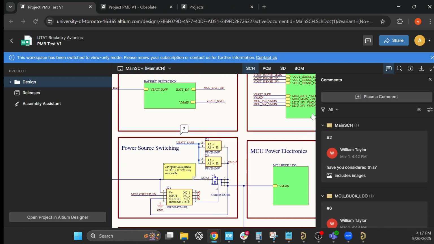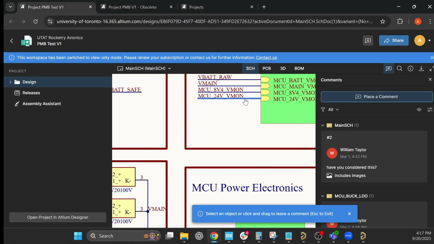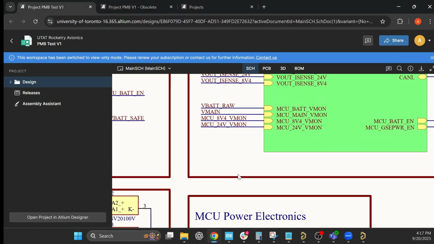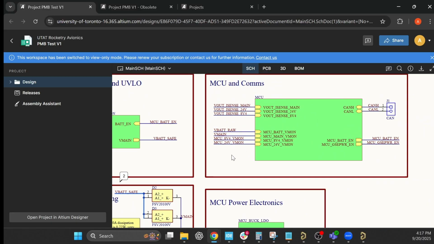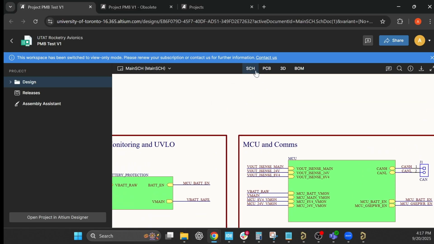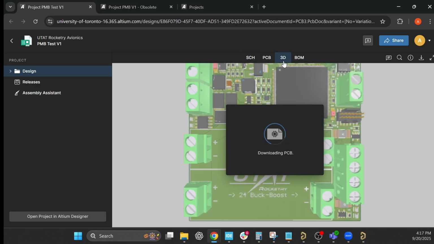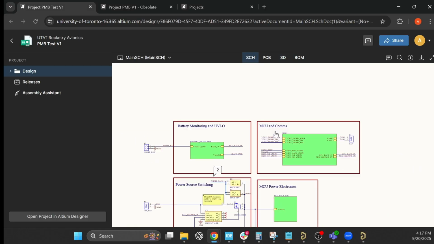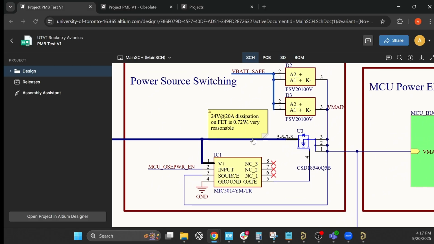One thing is obviously you can leave comments on specific things, which you can't do with GitHub nearly as conveniently. You have to clone the repo all the time. I can always see live updates here. It has a web viewer for the PCB. The main thing is just that Altium Designer has a lot more features.